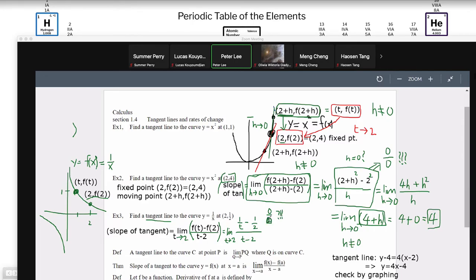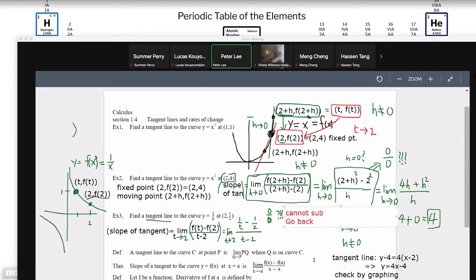You have to go back. 0 over 0 means cannot substitute, go back. We cannot substitute here.